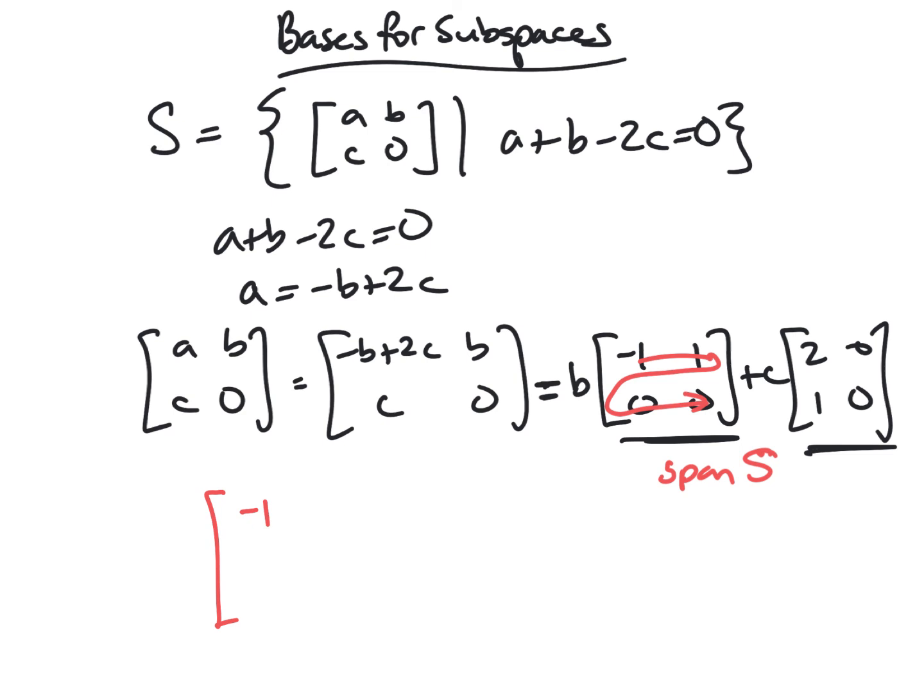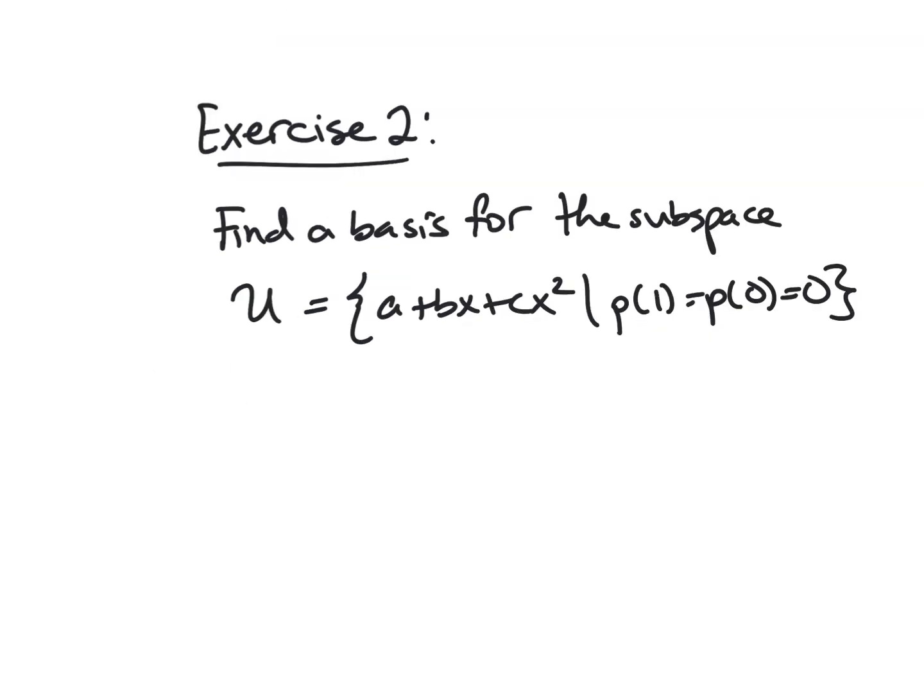So this would be negative 1, 1, 0, 0, 2, 0, 1, 0, and then solve this in row echelon form, and you'll see that there's a pivot in both columns. So we have a pivot here, and we'll have a pivot here, and so we are going to have the unique solution of all zeros, all 4 coefficients being 0. So this is linearly independent, and thus this is a basis.